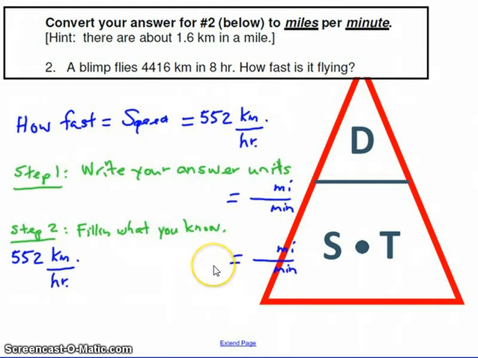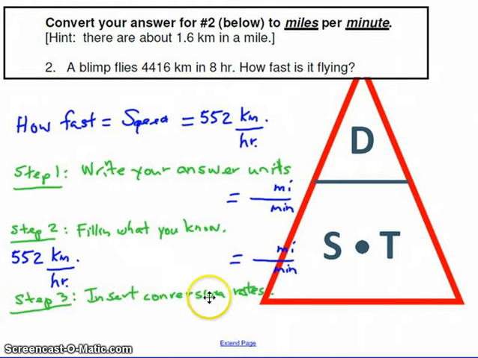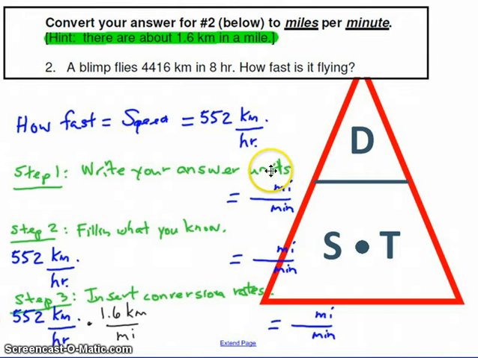Step 3, and the last step really, is to insert conversion rates in between this and that, because I've got to turn kilometers per hour into miles per minute. So I got a hint that there are 1.6 kilometers in a mile. Well, that's a conversion rate. Let's plug that in. So remember, each time you use a conversion rate, you're going to multiply. The problem is, though, notice I've got kilometers on the top and kilometers on the top.